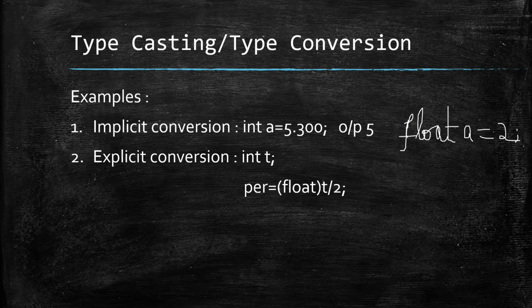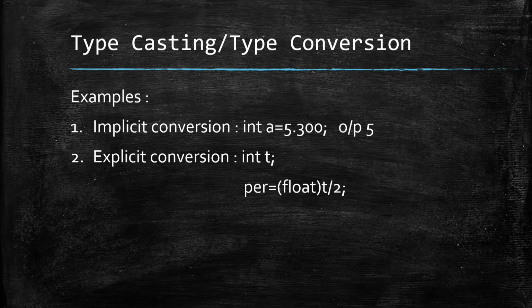I can't write much neater than this since it is not an original blackboard, so please adjust with it. I have given 2, and we know it is not a decimal type, it is integer type. Now what does the compiler do? It will take the value as 2.00, which is nothing but 2 itself. Up to some bits it will take them as 0. This is how you have your implicit conversion. This conversion is done automatically by your compiler.